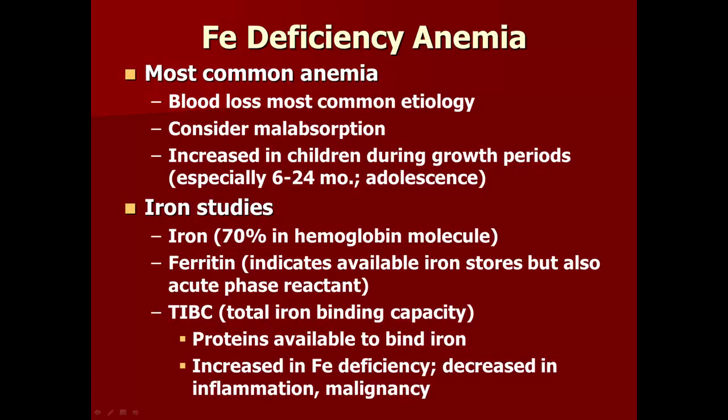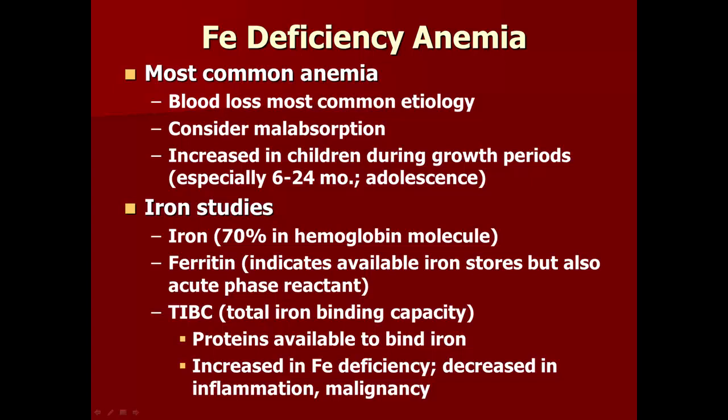Now let's start talking about anemias, and we're going to start by talking about iron deficiency anemia. Iron deficiency anemia is the most common anemia that you will, for the most part, see in your practice. It doesn't matter what age range you work with, you're going to see an iron deficiency anemia. And this would be a microcytic anemia.